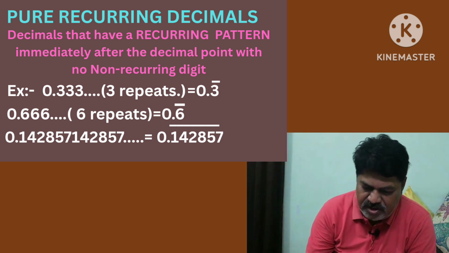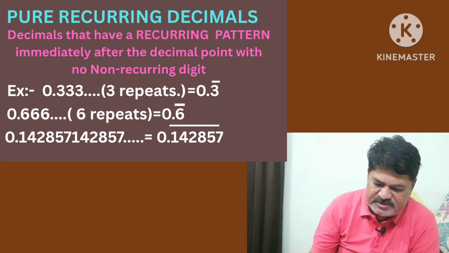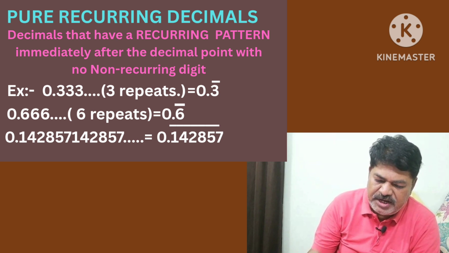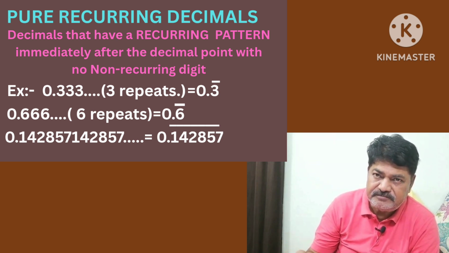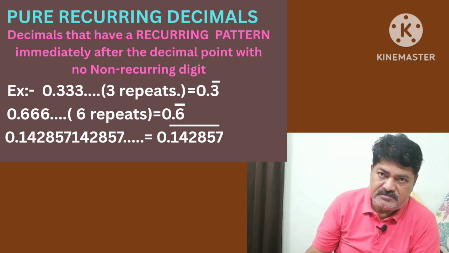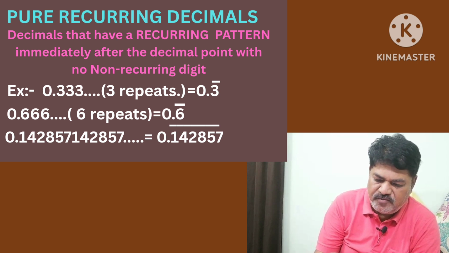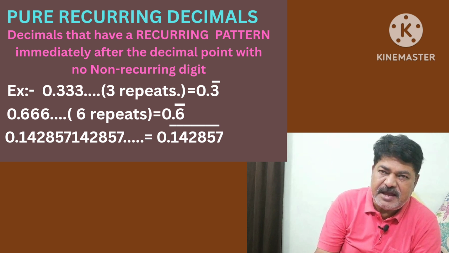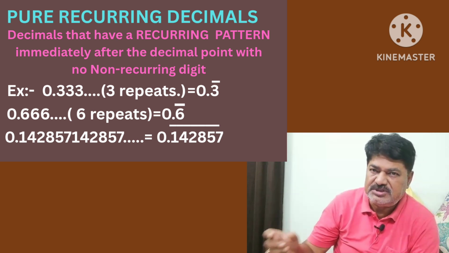0.142857142857 dot dot dot. Here 142857, these all digits are repeating in pattern. If you consider one pattern 142857, then you will see that this pattern is coming continuously.